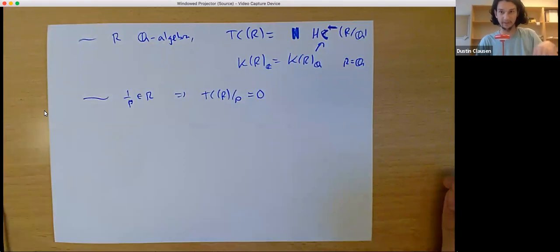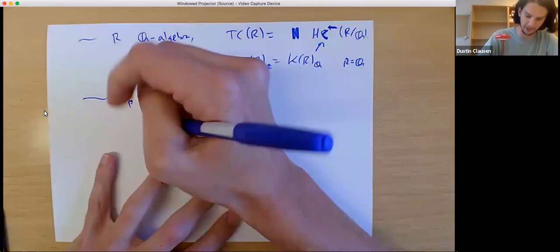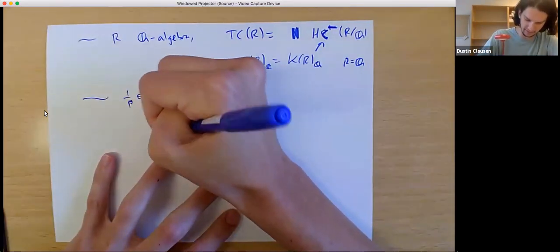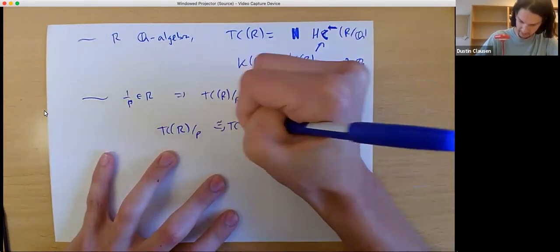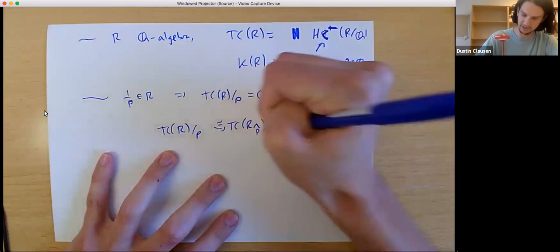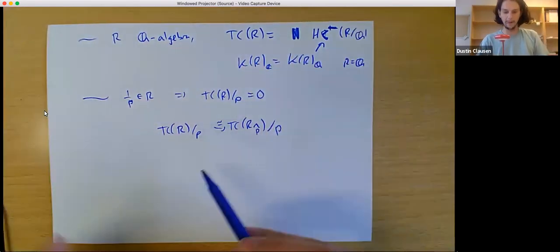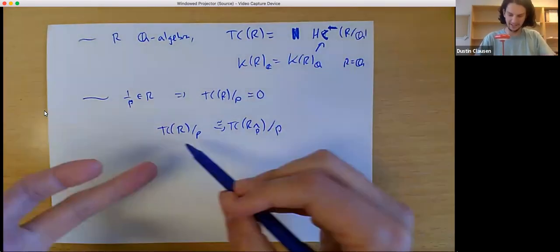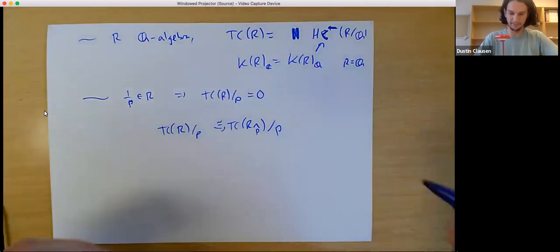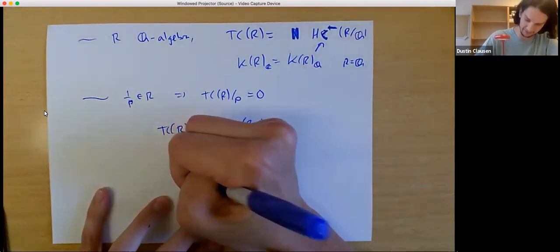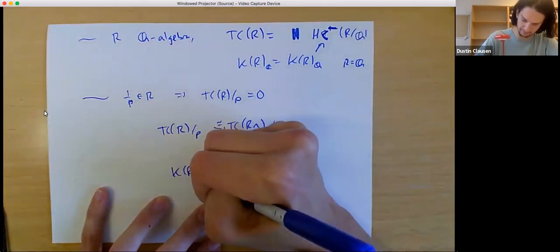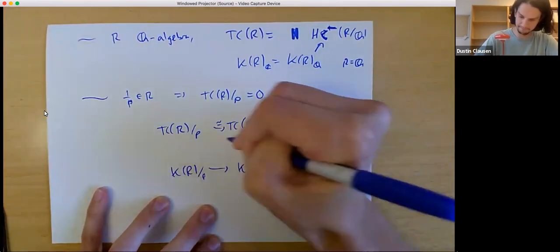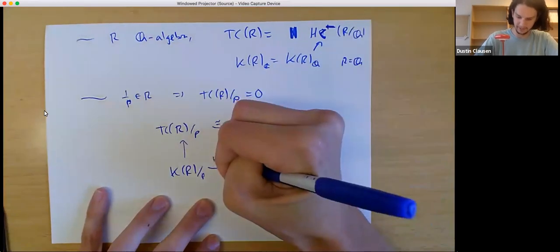So then there's no mod p information. And more generally, TC of R mod p is always going to be the same as TC of the p-adic completion of R taken mod p. So TC doesn't see the difference between a ring and its p-adic completion, whereas K-theory very much sees the difference between a ring and its p-adic completion, even mod p. So this is a big difference.